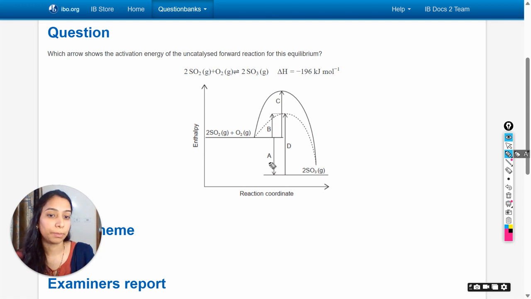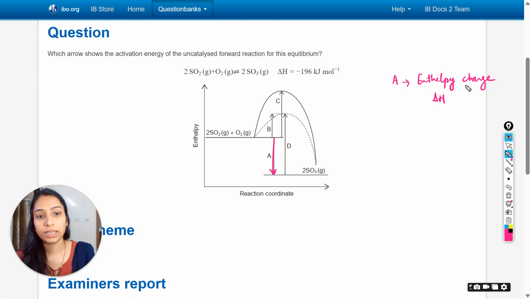Firstly, there is A. This downward arrow A shows the enthalpy change of the reaction, that is delta H. Enthalpy change means the change in the enthalpy when the reaction occurs, either the energy released per mole or the energy required by the reaction system per mole. So this represents delta H, right?